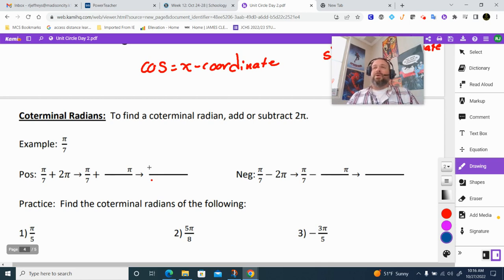Now, I'm going to have to get a common denominator of 7. What is 7 times 2? 14. If I have 1 pi and I add it to 14 pi's, how many pi's do I have? 15. Okay. So my answer is actually 15 pi over 7.